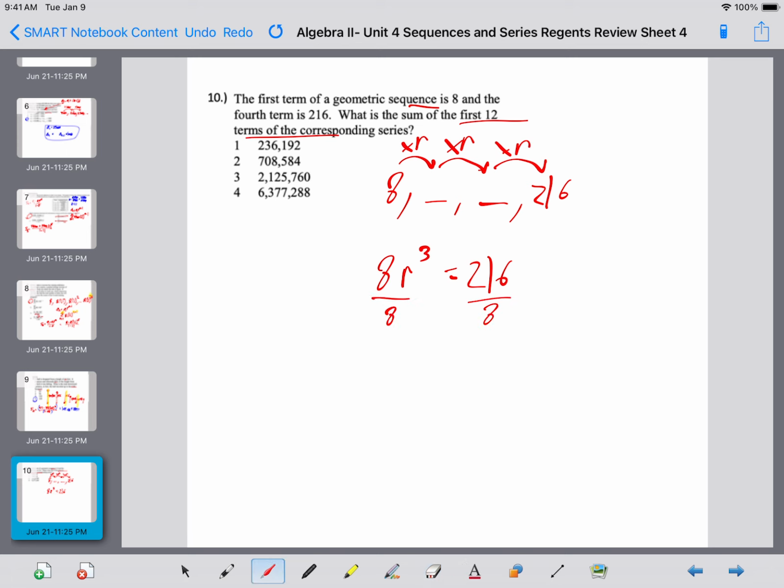Divide by 8. Take the cubed root of both sides, or the 1/3 power, right? You get r equals 3. Found your common ratio. Now we could use our geometric series formula.